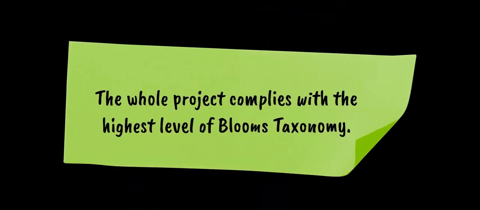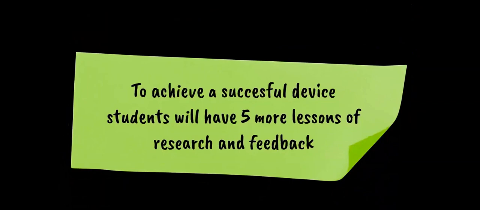As closing thoughts for this particular activity, the whole project complies with the highest level of Bloom's taxonomy, which is designing a project. As I mentioned before, it also complies with one specific standard, but it complies with more standards from the Next Generation Science Standards.